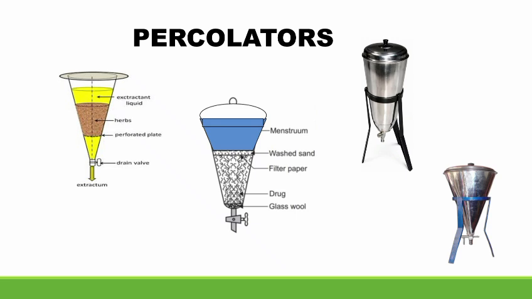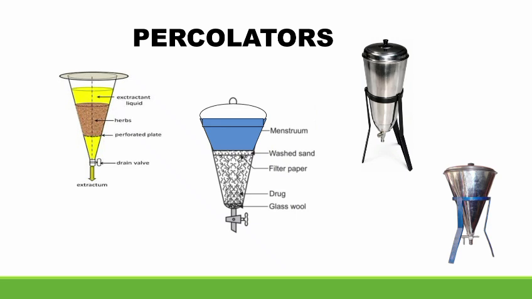I have already said that these percolators have two openings and are narrow and cone-shaped. At the top of the percolator there is a wide opening through which we can keep our crude drug or herbal powders used for the extraction.